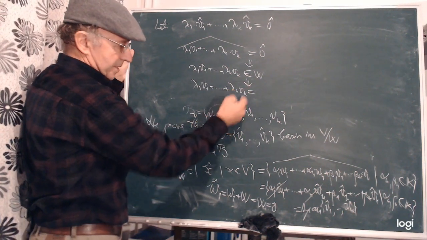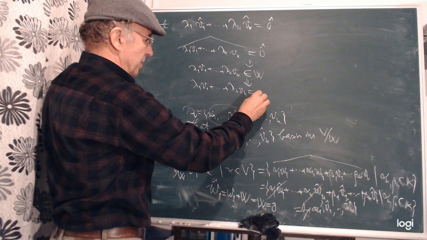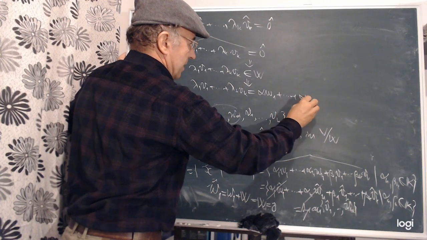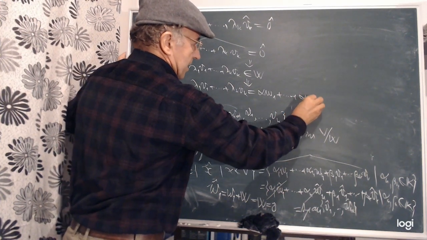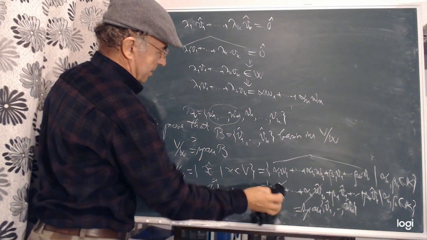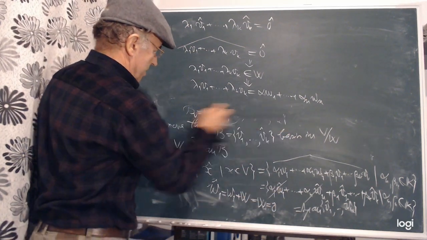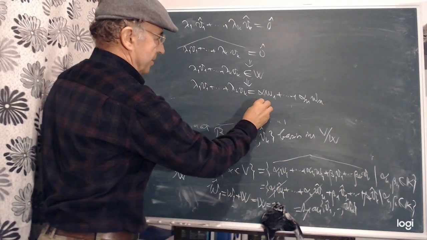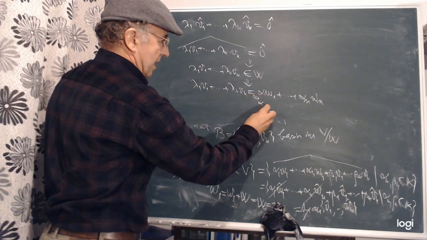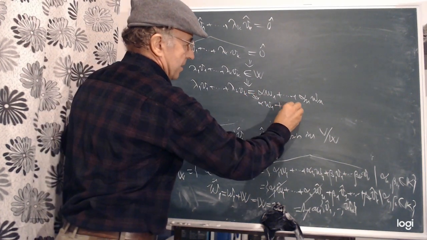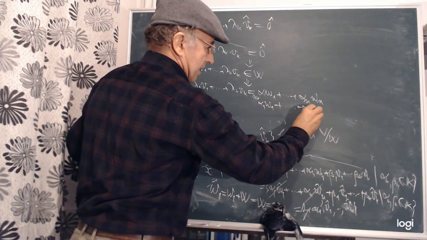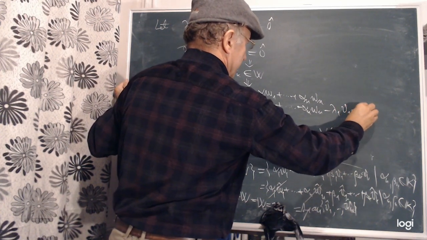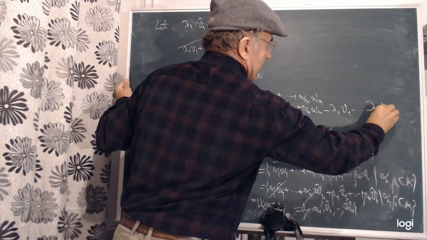So lambda 1 V1 plus lambda k Vk will be a linear combination of the basis in W, alpha 1 W1 plus up to alpha n Wn. From this we get alpha 1 W1 plus alpha n Wn minus lambda 1 V1 minus lambda k Vk equals 0.